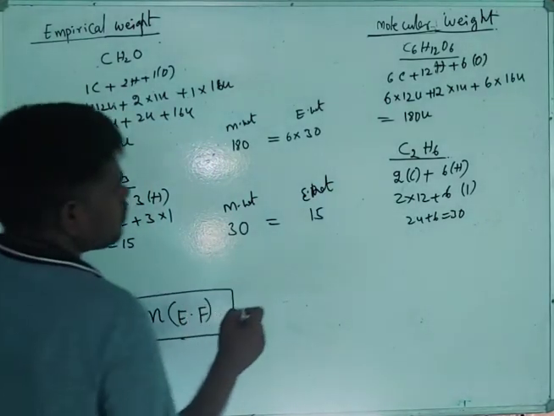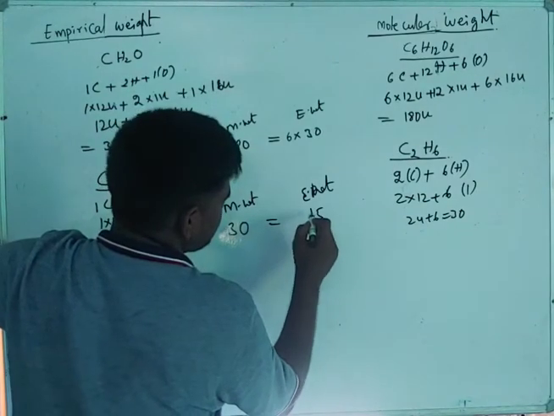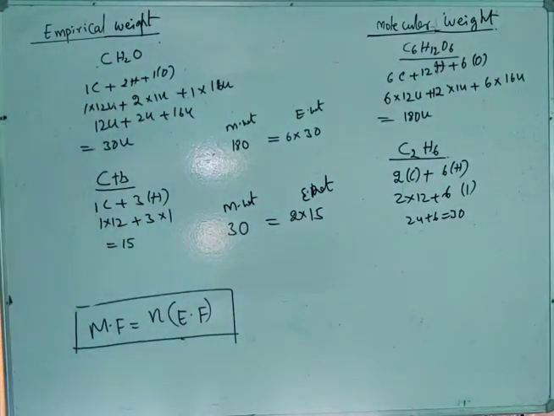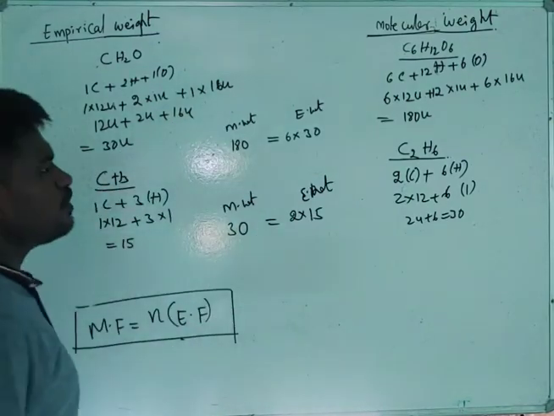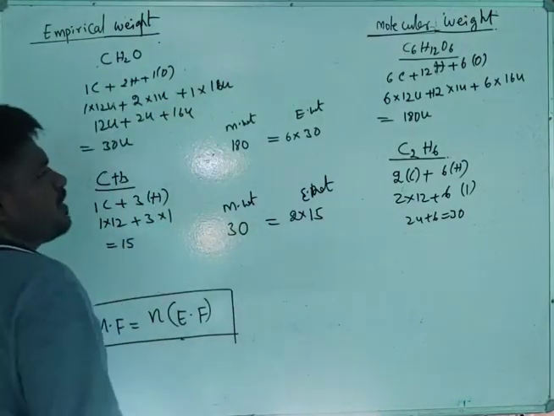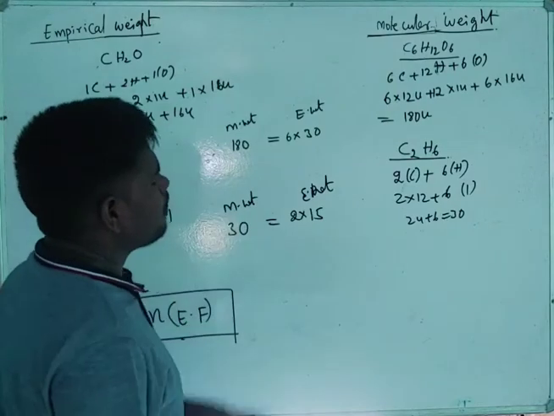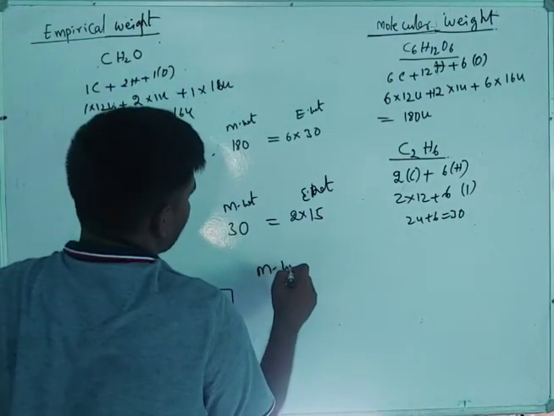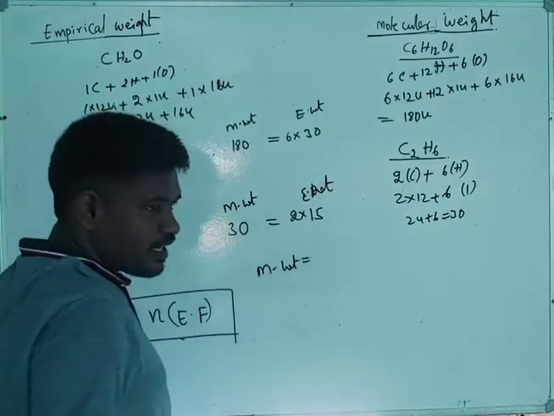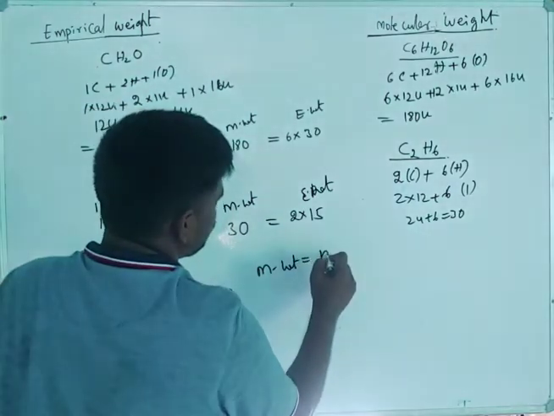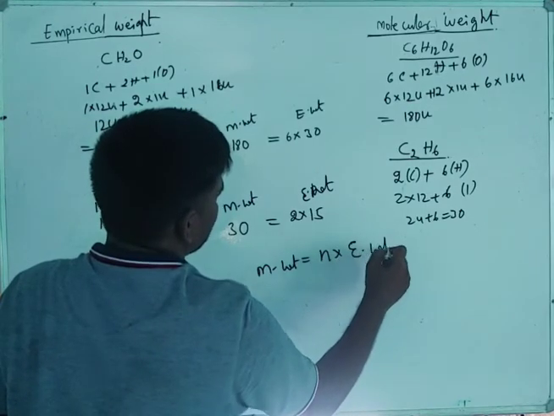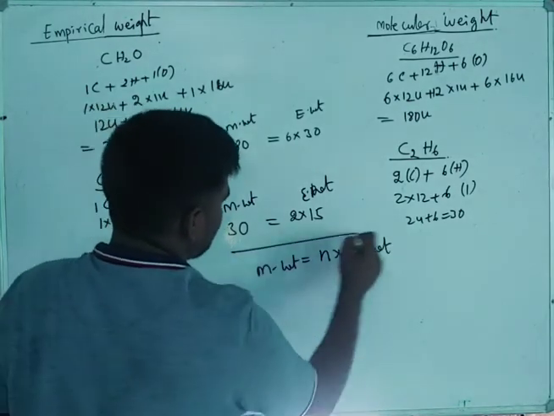These two are equal when this 15 is multiplied with 2. So from these two examples, we can write a relation between molecular weight and empirical weight like this. Molecular weight of a given compound is equal to N into empirical weight of the same compound.